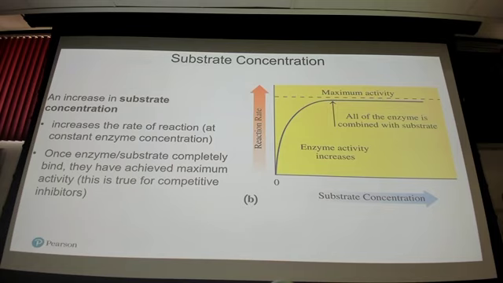And that point is maximum activity, shown here. Maximum activity is the point at which all the enzymes are occupied with substrate, or they're saturated with substrate. So, because we don't have any more enzymes available, that's kind of the maximum rate of reaction.